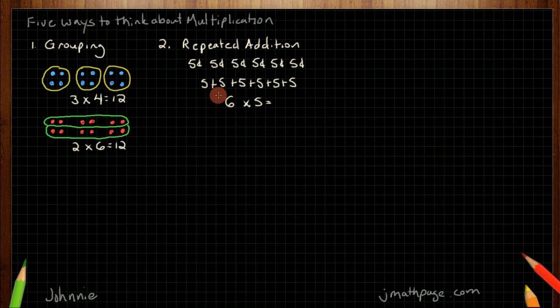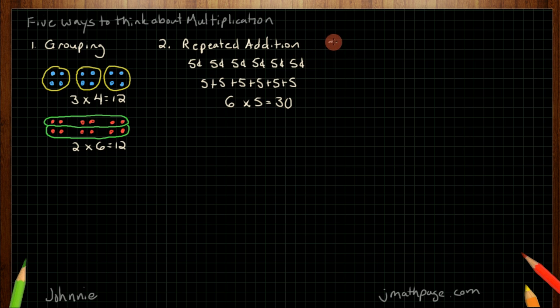We can count it, we can add them all together, or we can count by 5s, can't we? 5, 10, 15, 20, 25, 30. So this is repeated addition. I counted the same number again and again, and I added it each time, adding on. So 6 times 5 gives us 30. So that's the second way of thinking about multiplication, which is repeated addition.